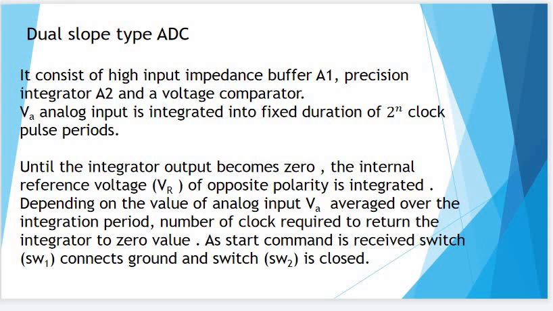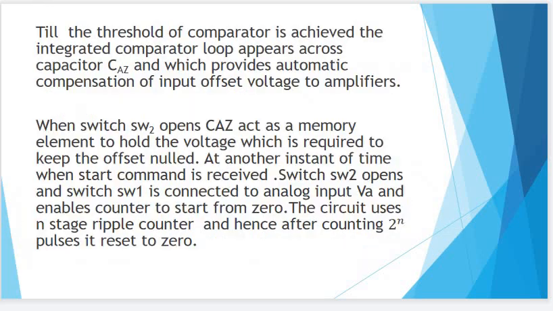Switch SW1 connects the ground and switch SW2 is closed, till the threshold of the comparator is achieved. The integrator comparator loop appears across the capacitor CAZ, which provides automatic compensation of input offset voltage to the amplifiers. When switch SW2 opens, CAZ acts as a memory element to hold the voltage which is required to keep the offset null.